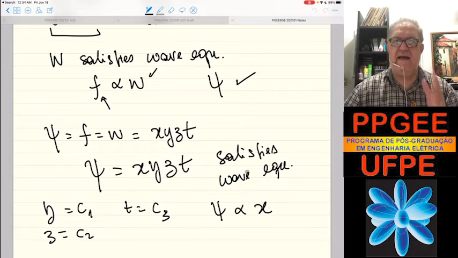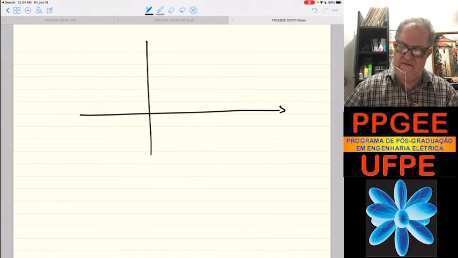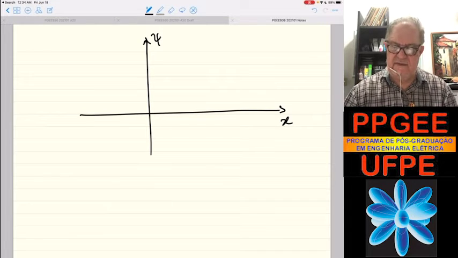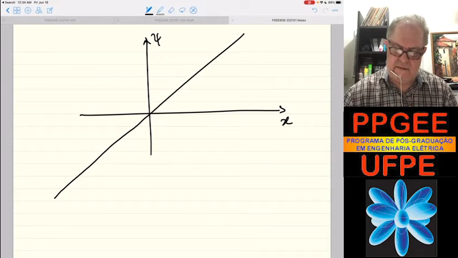If we fix at a given time the coordinates y and z, the function is a function of x, right? The wave function. It's going to be something like this.